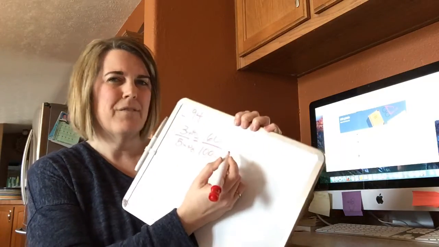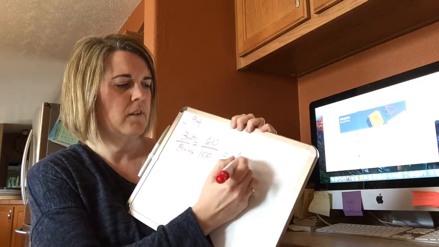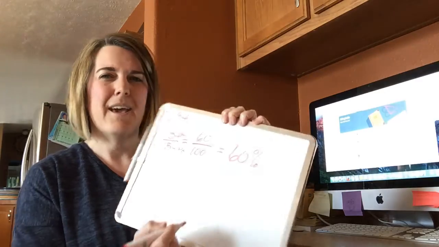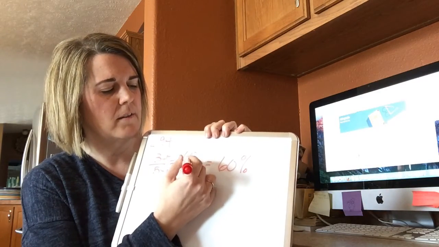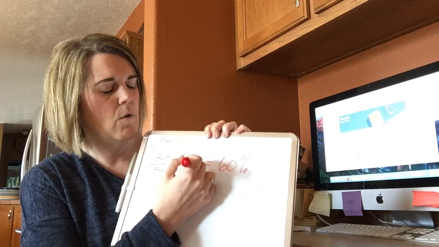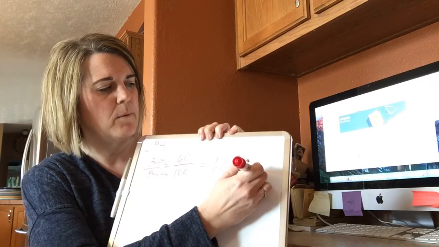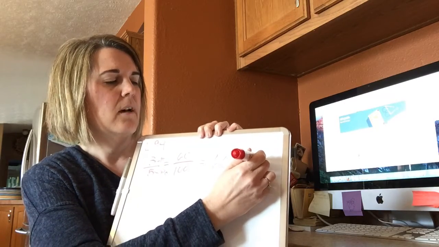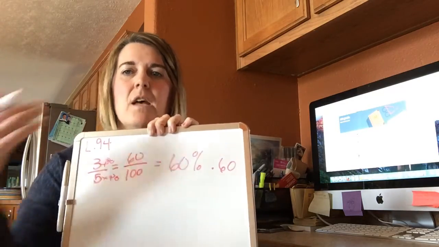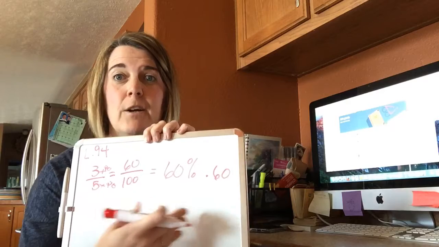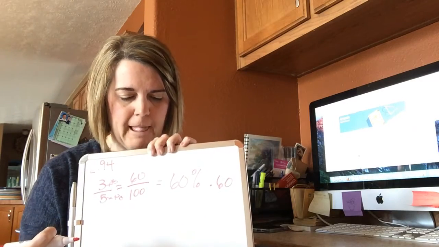So we know our percent is 60%, and our decimal, remember we can say 60 over 100, or we can reduce this and go 6/10, but we know our decimal is 0.6, or 60%. It all means the same thing. This is part 1. We already know how to do this, okay?